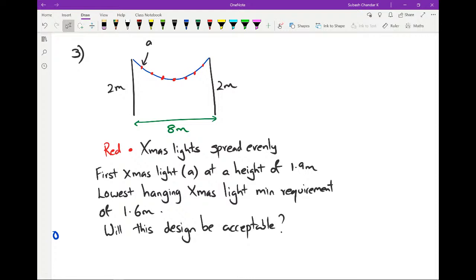And while you guys are doing that, I'll see if I can find a nice excellence question, but I don't think we'll have time today. Now let's just finish off with this question. 2 meters is the height of the black bar.